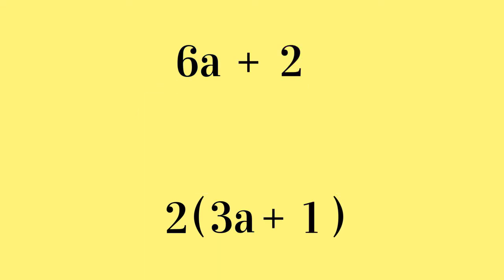This gives us the final answer of 2 open brackets 3a add 1 close brackets. If you wish to check your answer is correct, you should be able to expand the brackets to get back to the original expression.